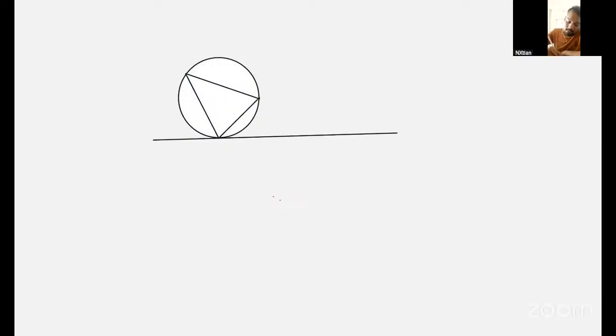If I write the names, it is A, B, C, and the line D. This is A. This theorem says that CB is the chord, and it makes an angle with tangent ED, and the same chord makes an angle on the circumference.